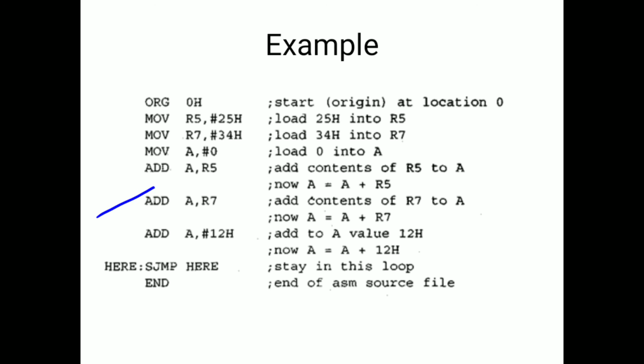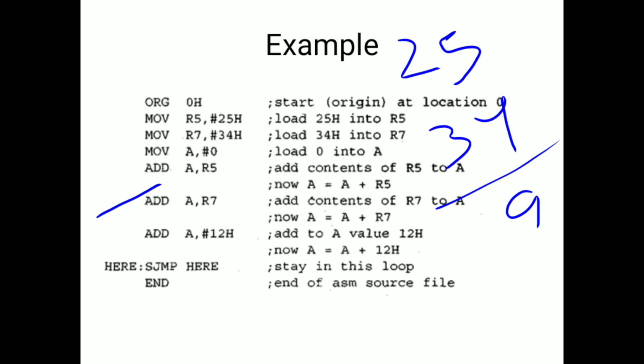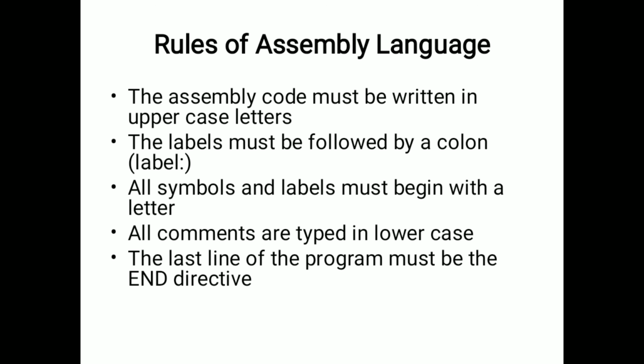The next instruction is ADD A comma R7. R7 has 34 and A has 25 now, the recent value. These both values will be added, so now the accumulator value will be 59.